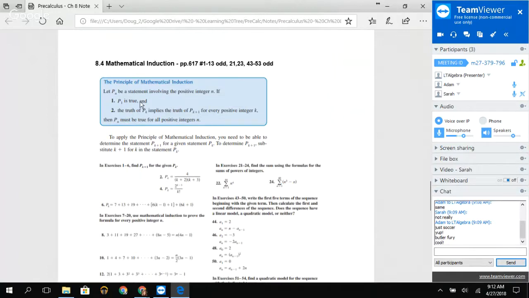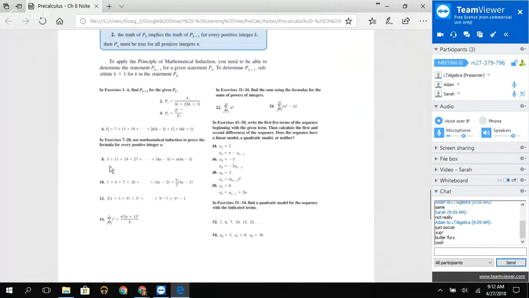If you want to prove that this statement is true, there's two things we have to do. The first thing is to ask, is P sub 1 true? So when n equals 1... let me take a step back. You're trying to prove, for example, number 8 down here: 3 plus 11 plus 19 plus 27 plus all the way up.